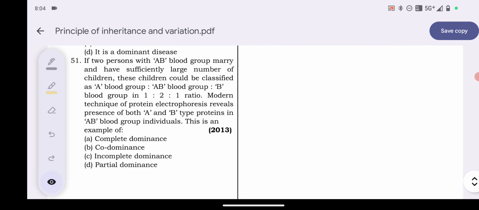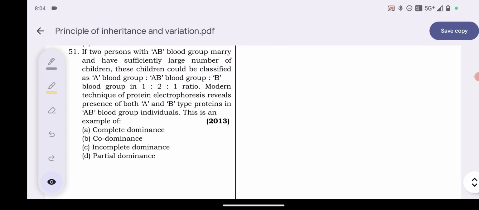Next question number 51. If two persons with AB blood group marry and have a sufficiently large number of children, the children could be classified as A blood group, AB blood group, B blood group in 1:2:1 ratio. Modern technique of protein electrophoresis reveals presence of both A and B type of proteins in AB blood group individuals. This is an example of... It is a simple question, just made long. It is about the AB blood group, so what will it be?